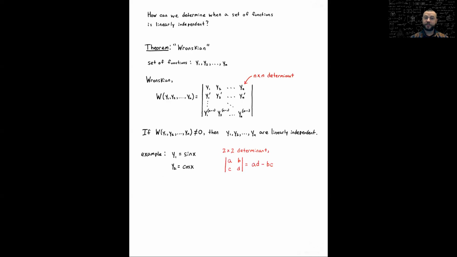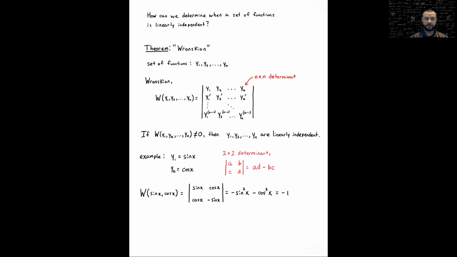All right, if we calculate the Wronskian for these 2 functions, in our 2x2 determinant, we put the functions sine of x and cosine of x in the first row, and then below, we put their derivatives. All right, and if you calculate this 2x2 determinant and factor out a negative, apply your Pythagorean identity, you get that the Wronskian comes out to equal -1.